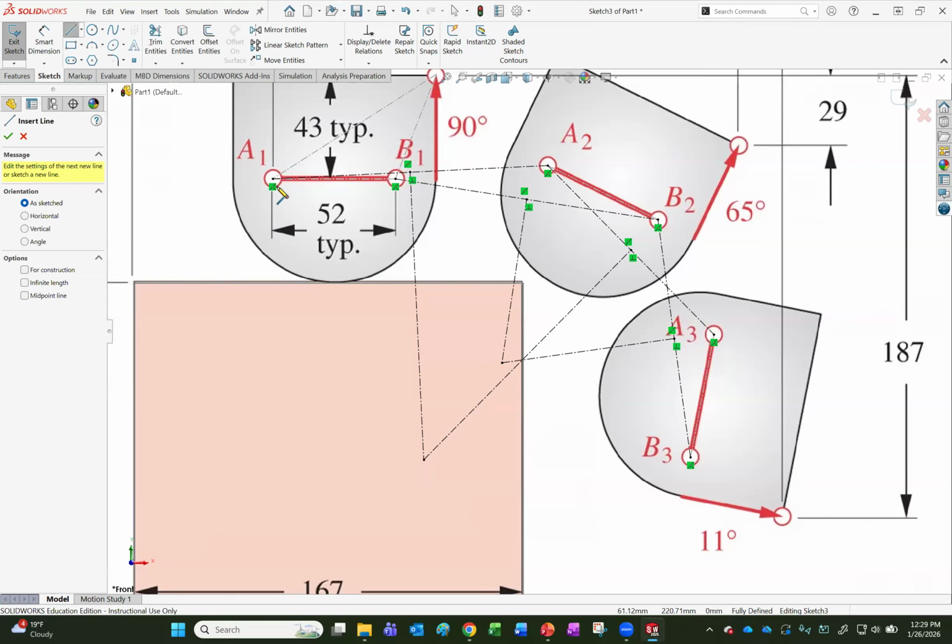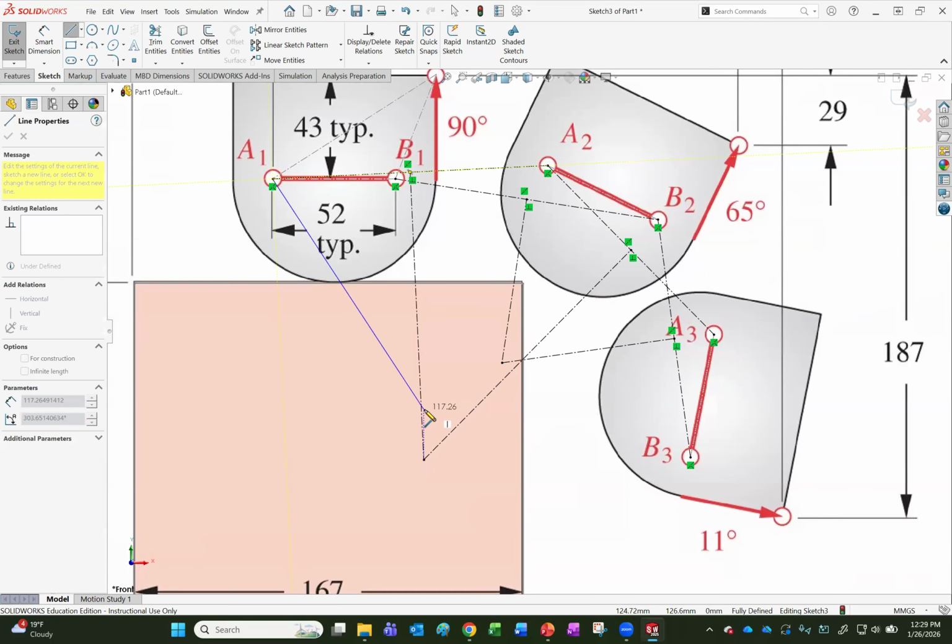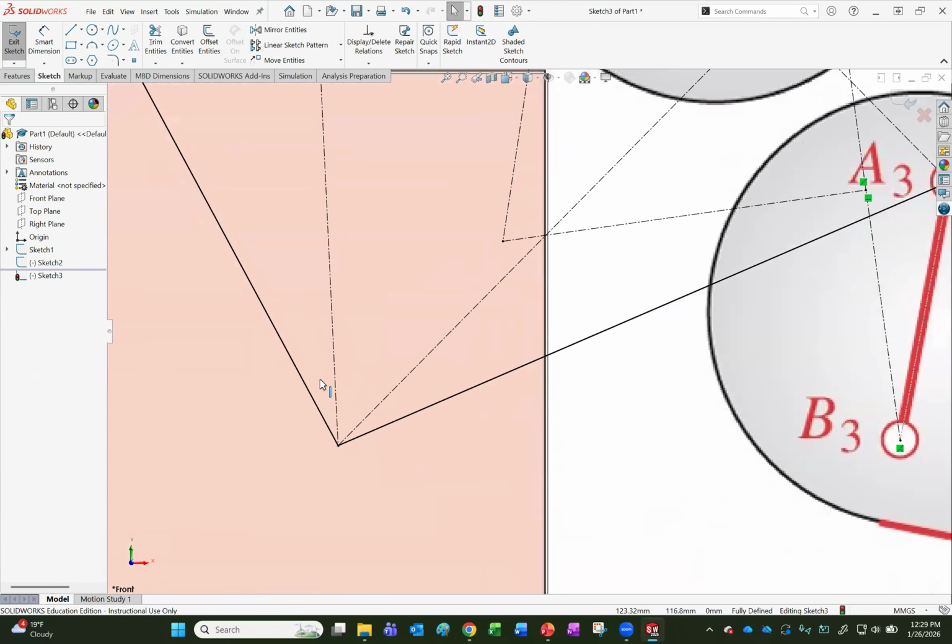I will now draw in as solid lines. I only have to do the A. I'm going to go from A1 to the ground and from the ground to A3. So now I know this is the arm that we're going to connect a driving dyad onto.